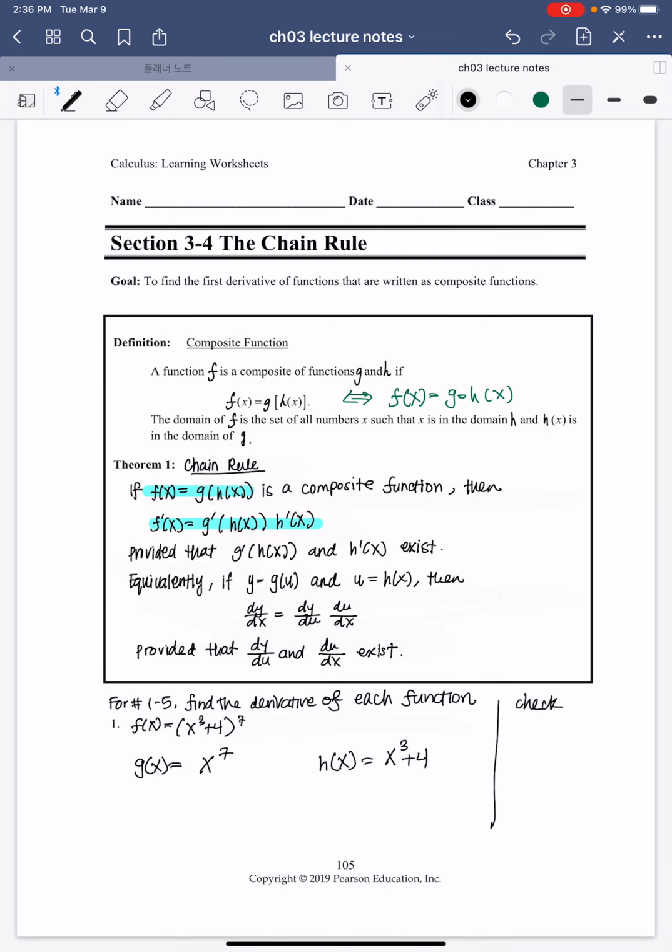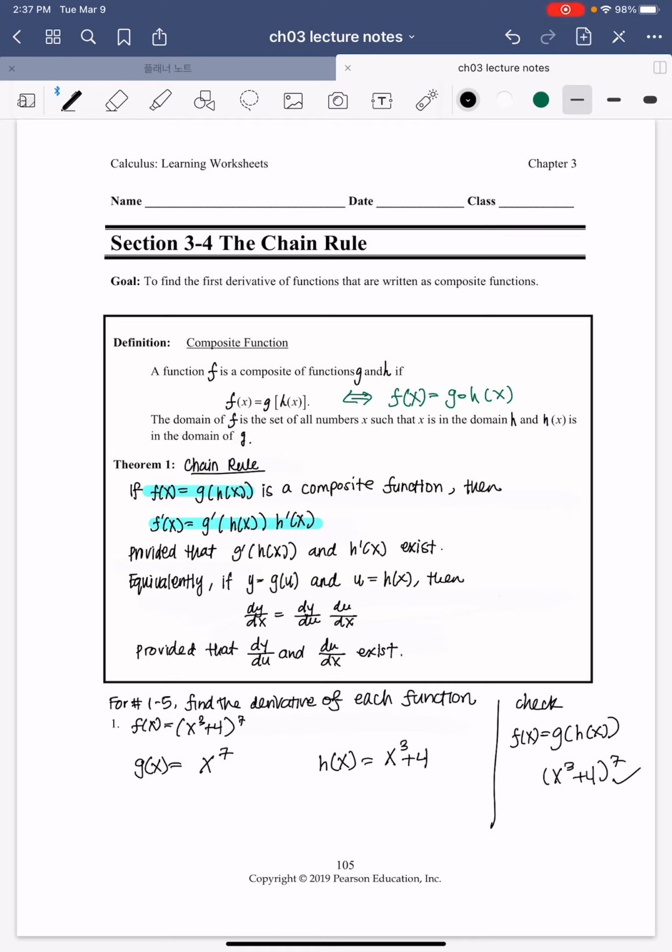If I do f of x as g of h of x, will I get x cubed plus 4 raised to the 7th power? Plug the h function into the inside of g, and we do get x cubed plus 4 to the 7th power. So that's good; I identified g and h correctly.